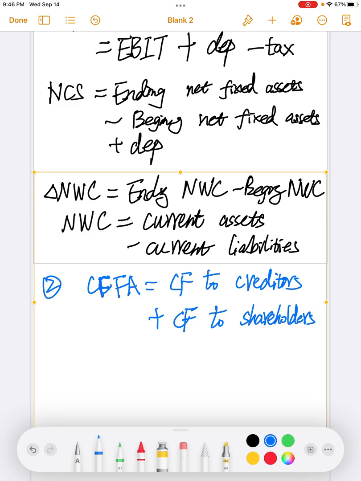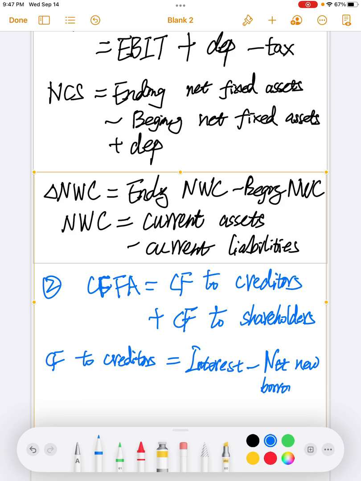The cash flow to creditors equals the interest paid to the creditors minus any changes in the borrowing.